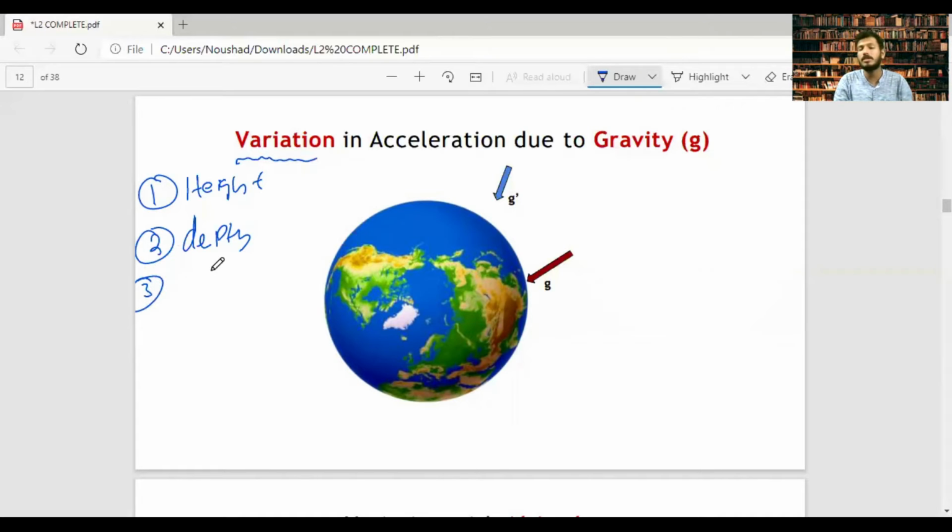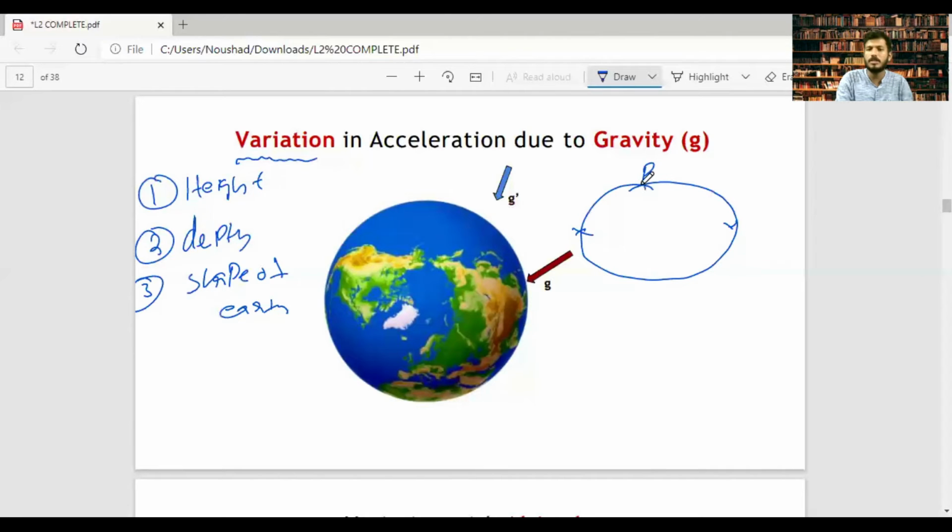And next, third one, shape of Earth. What is the shape of Earth? It's called a geoid. But nowadays, modern physicists find that Earth has no definite shape. But on the basis of the textbook, you must study that the shape of Earth is geoid. Due to the shape of Earth, acceleration due to gravity can vary.